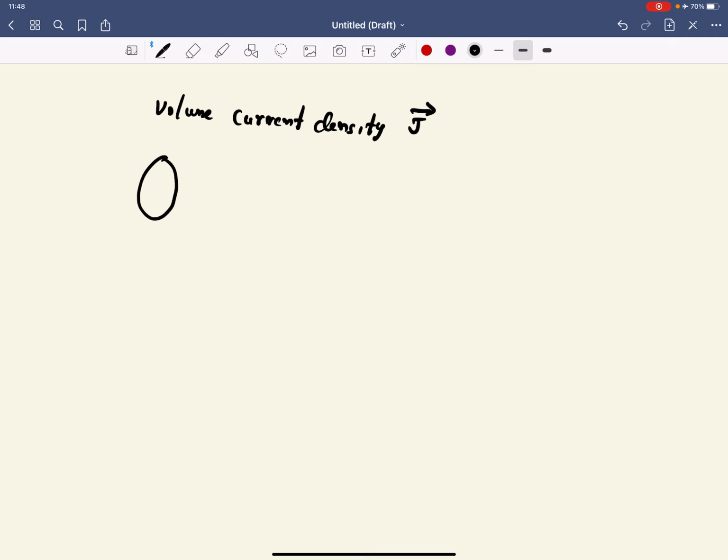So let me draw this. How does it look? This is the volume, the specimen of wire, a cylindrical shaped wire, and if you consider a small elemental area of cross section, J is the current density over this surface, and dA is perpendicular to the flow.